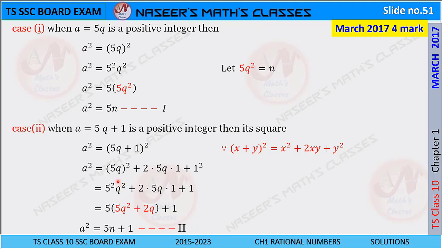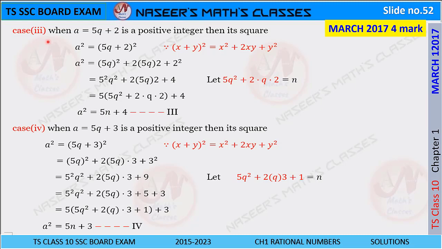Here (5q) whole square is written as 5 square q square and 1 square is written as 1. Now from the first two terms we take out 5 common, then we can write it as 5 times (5q square plus 2q) plus 1. Now we substitute 5q square plus 2q is equal to n, then we can write a square is equal to 5n plus 1. Let this be equation 2.